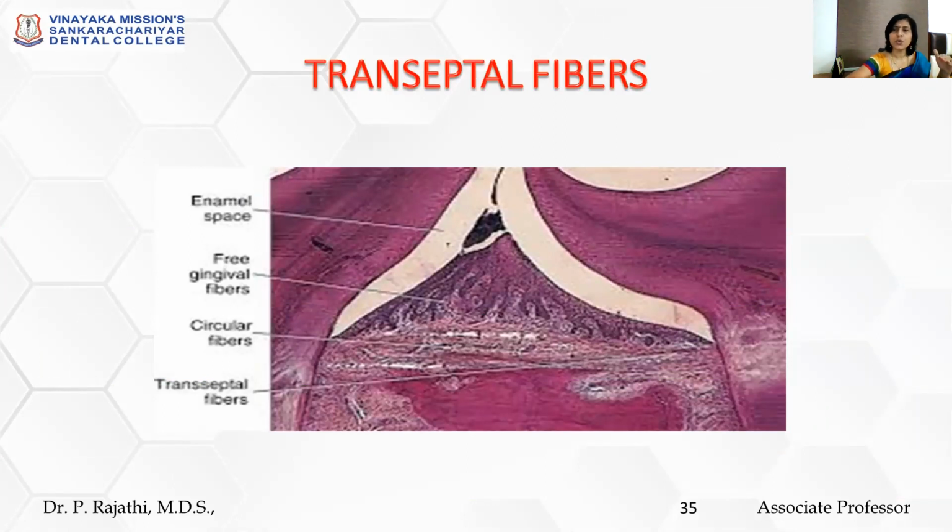The fibers present within the connective tissue of the gingiva, above the interdental septum, originate from one tooth and get inserted into the other tooth. Since they traverse the interdental septum, you call them transseptal fibers.